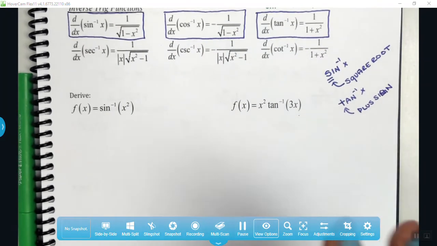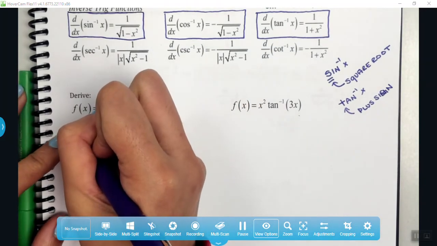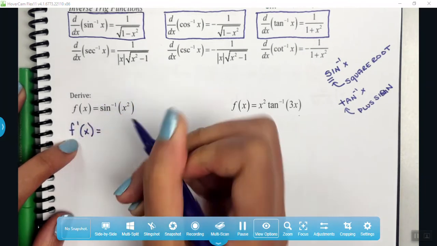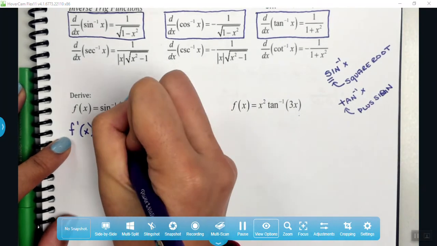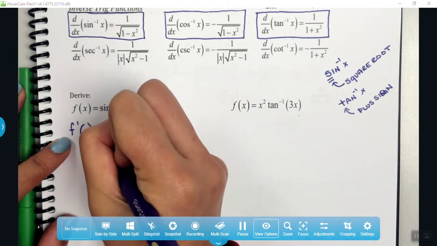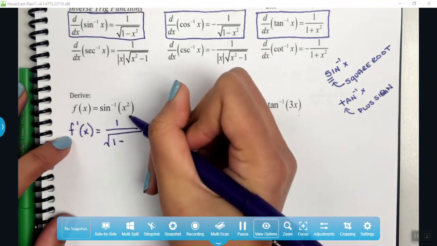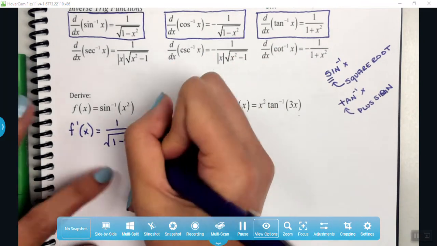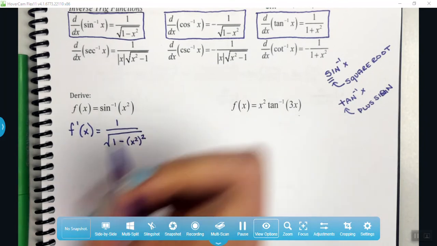Okay, so if we're going to take the derivative of these, you just do normal old derivatives, but now you know the arcsine of something is 1 over square root 1 minus the inside, so this x squared goes inside of this, x squared squared.